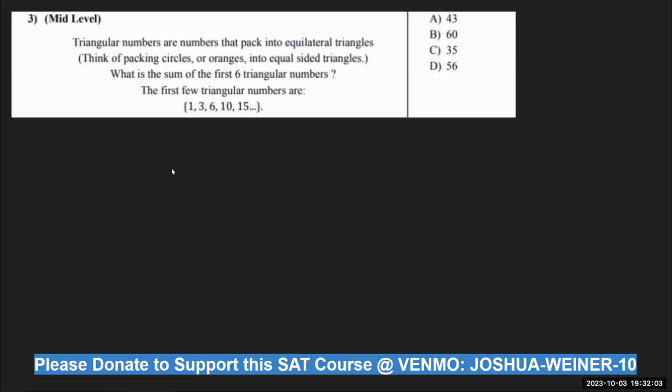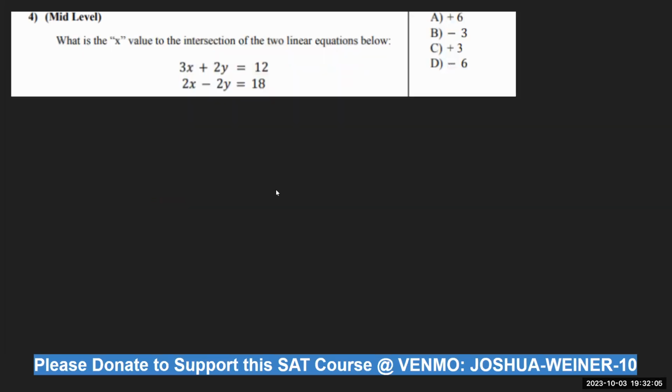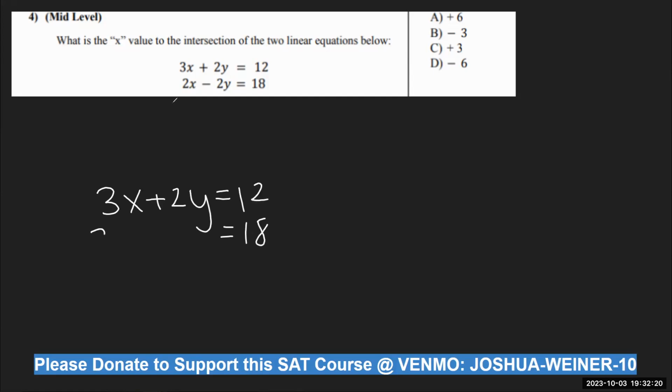Okay. Question 4. What is the value of x in the intersection of the 2 linear equations below? All right, if you attended the earlier lessons, you know that this is an SAT shortcut where you can save time by adding or subtracting the system of equations. Always look for this shortcut when you have a system of 2 equations. And we'll also be doing that tonight when we go over these problems.